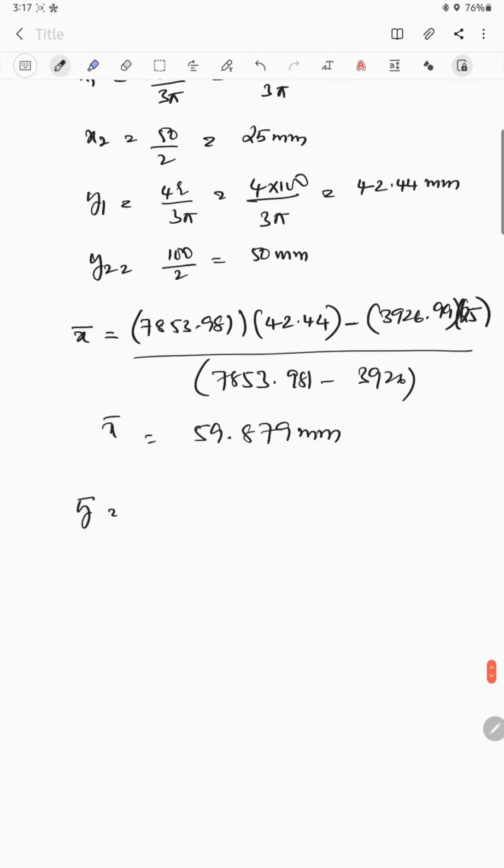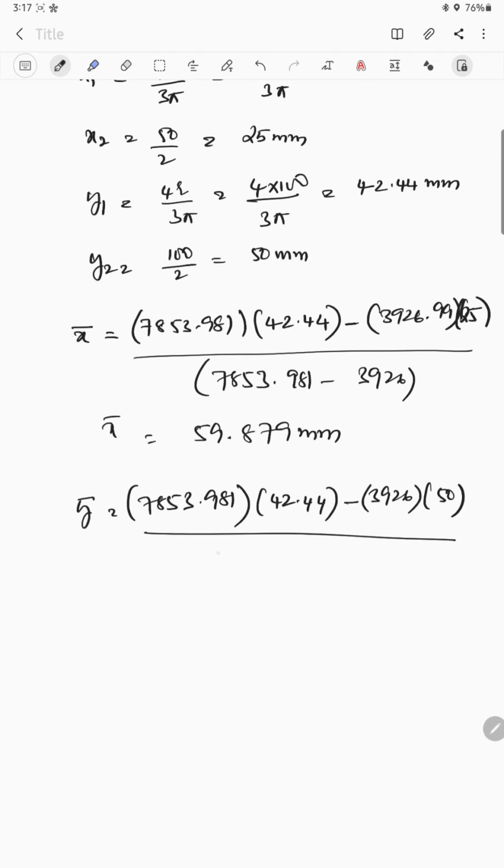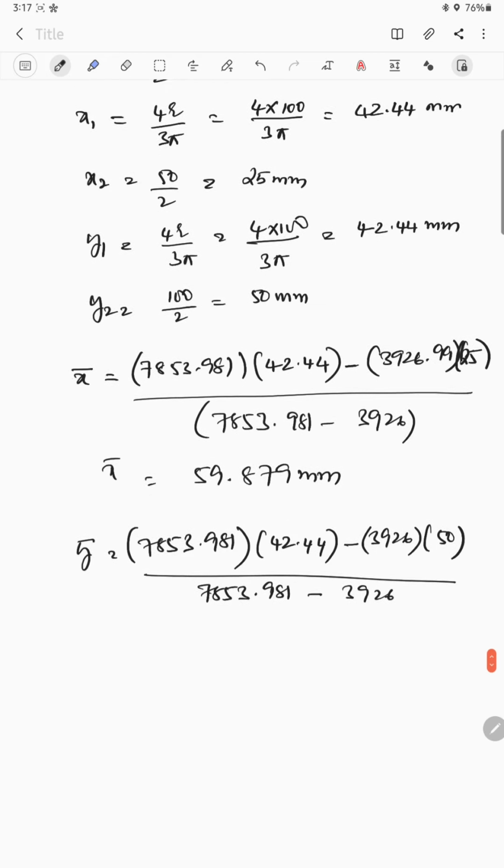Similarly, we'll calculate y bar. So y bar is equal to a1 y1, that is 7853.981 into y1, which is 42.44, minus 3926.99 into 50, whole divided by 7853.981 minus 3926.99.